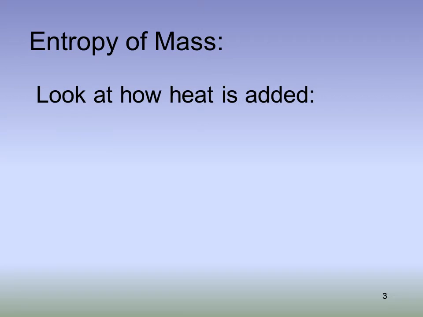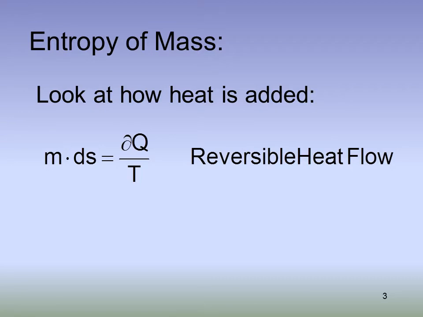Now let's look at how entropy is added to mass. If I take heat and add it to the mass, and call this a small flow, a little del Q, a small flow of heat over temperature is equal to the mass times ds, the change in its specific entropy.